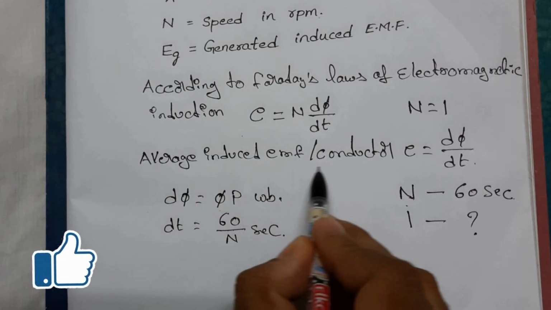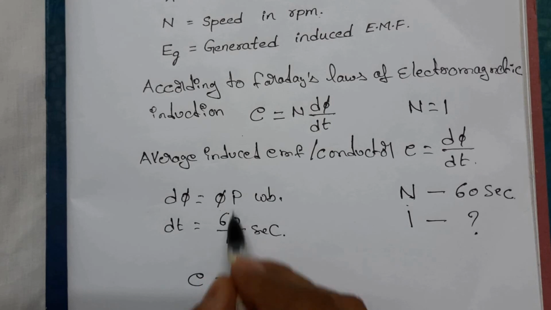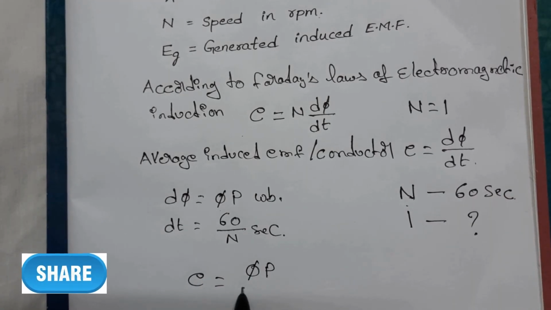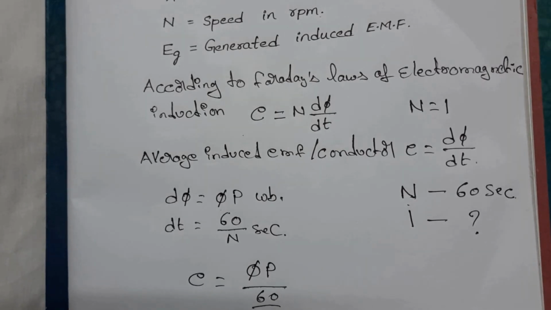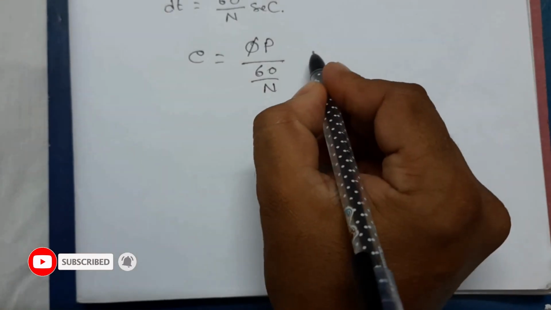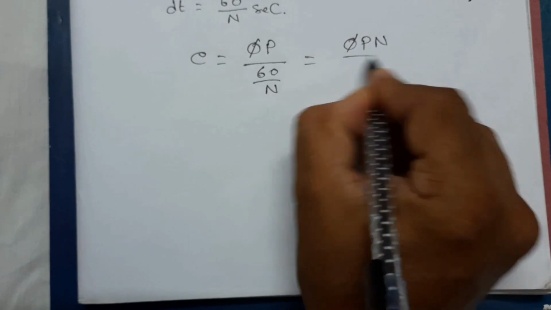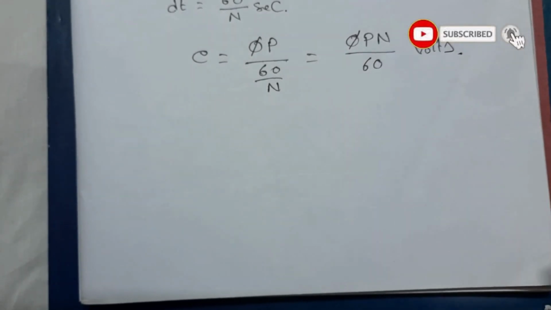So the average induced EMF per conductor E equal to, substituting these two values, dΦ equal to ΦP Webers and dt equal to 60 by N seconds, ΦPN by 60 volts.